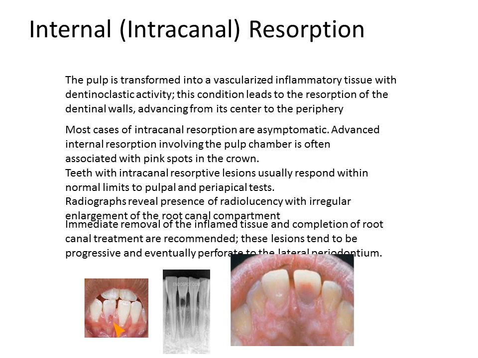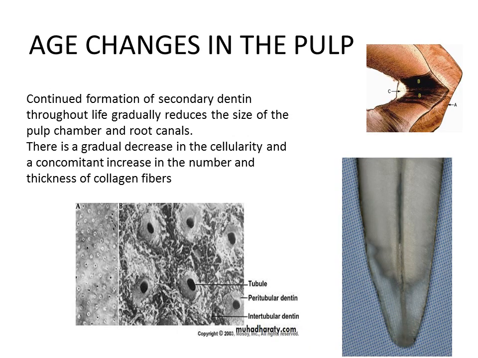But listen here, this on radiograph really looks like an internal resorption, while clinically you can see maybe it's a class 5 here. If it's treated, everything will be fine. But if you are going to deal with a tooth with an internal resorption, take care, because there might be perforation on the mesial side or distal side. These are due to the presence of inflamed tissue for a long time, so it needs treatment.